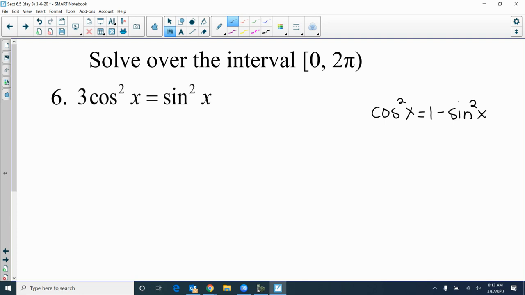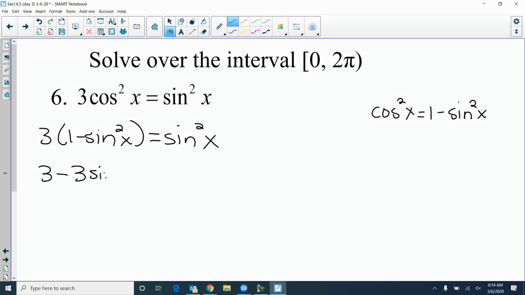So that becomes 3 times 1 minus sine squared x equals sine squared x. All right, distribute the 3. They're both sine squares.